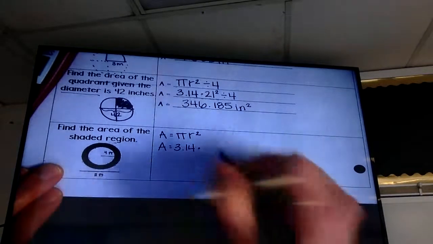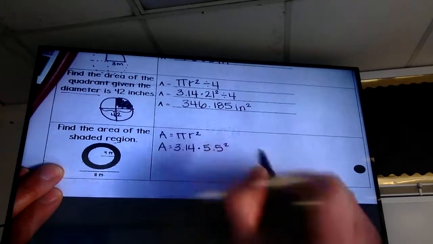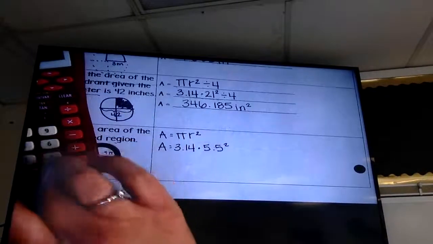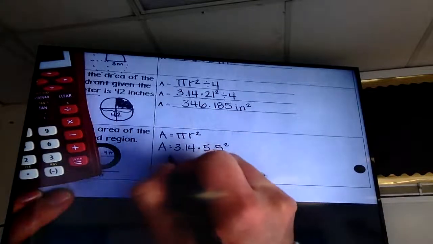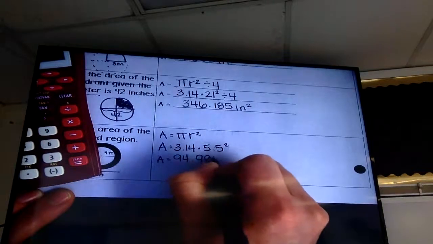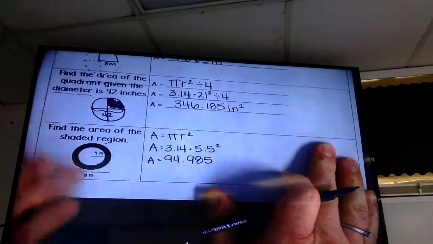And 11 divided by 2 gives me 5.5, so that would be my radius squared. All right, let's try it. 3.14 times 5.5 squared. I get 94 and 985 thousandths. And I don't need to give it a label because it's not my final answer.